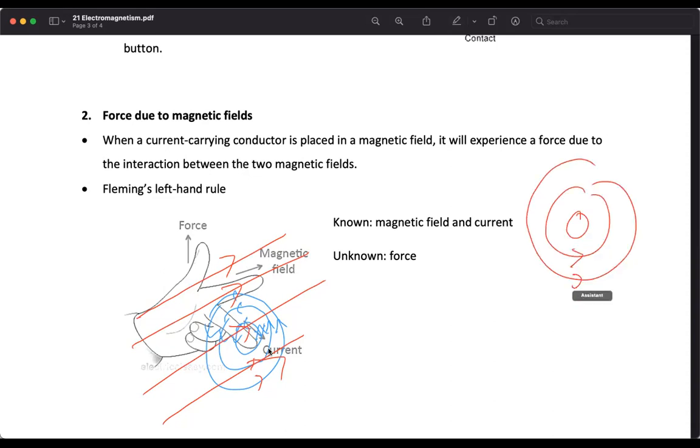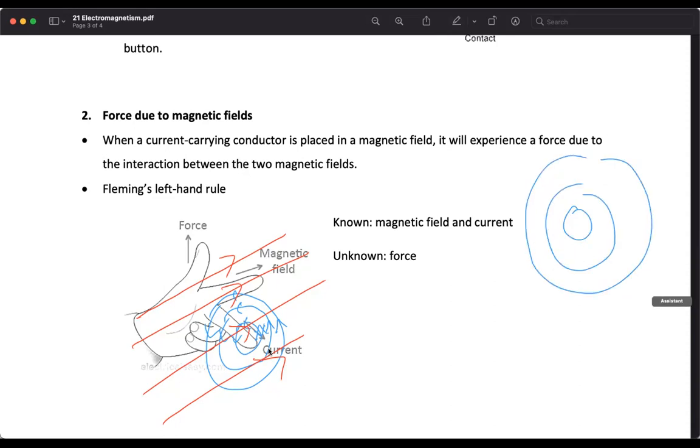Okay, wait, let me draw again. So this is the current. The current is pointing out of the page. So the magnetic field line will be this way. Do you agree?